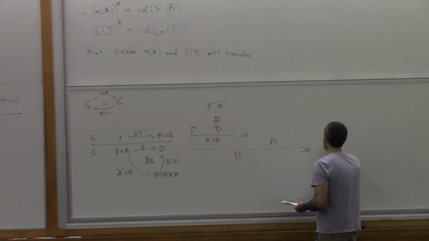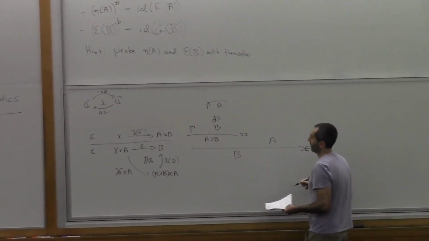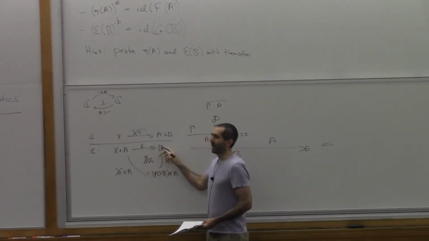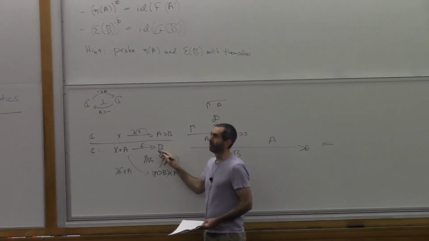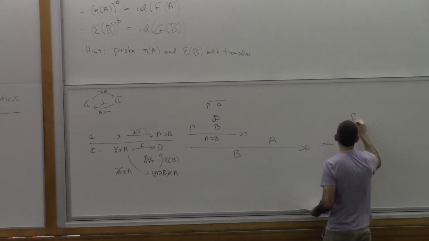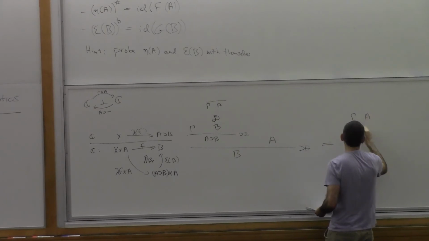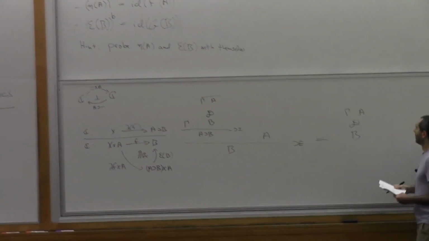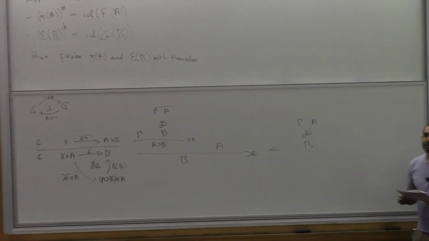Okay. But now, what if we interpret the other side of this commuting diagram? That's just F, right? And F was just the derivation from gamma and A, which I call D, to B. So what have I just learned?